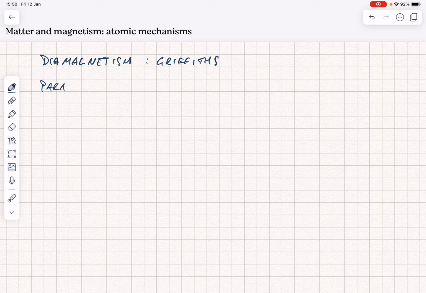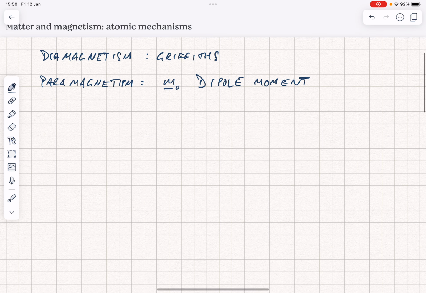So let's start with paramagnetism, where we can derive quite a good model just from some simple ideas. So we're going to assume that each atom has a little dipole with a dipole moment m0, and of course the energy of that dipole moment in an external field is going to be given by U = -μ0 H · m0, and here H is the external field.